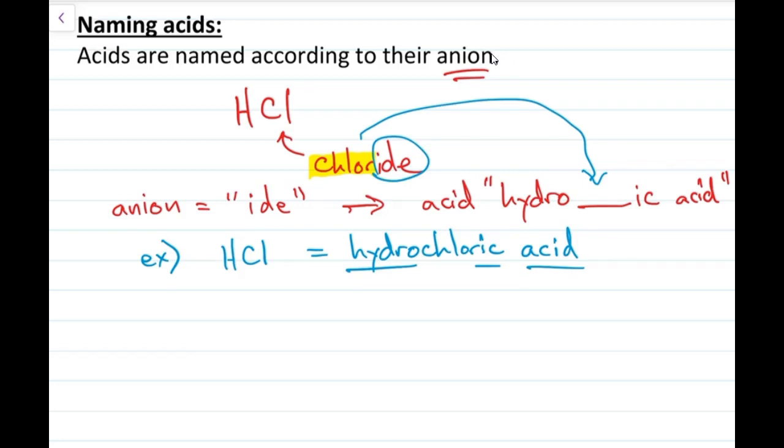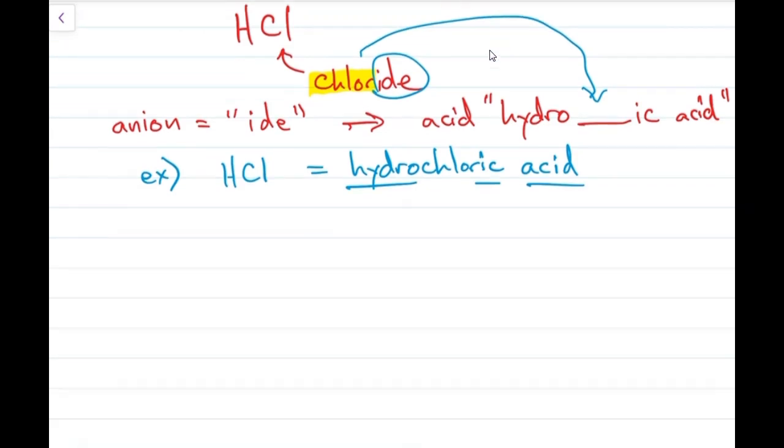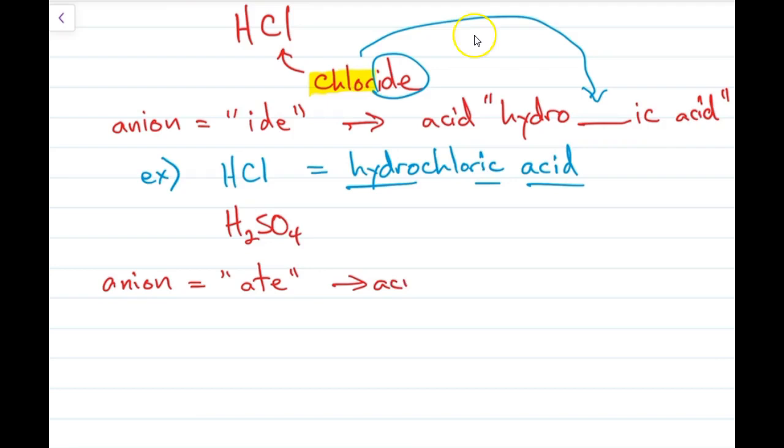Okay? All right. So what if we have a different acid? This time, let's say we have hydrogen paired with sulfate. And notice I have 2 hydrogens because sulfate is -2. So here the anion is sulfate. So the rule is if the anion ends in ATE, the acid is going to be just the base plus ic acid.